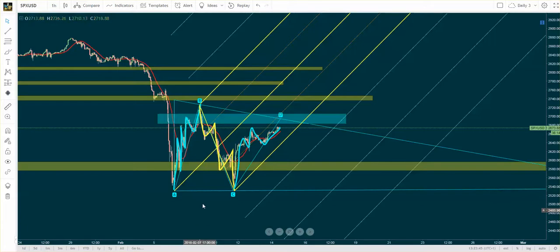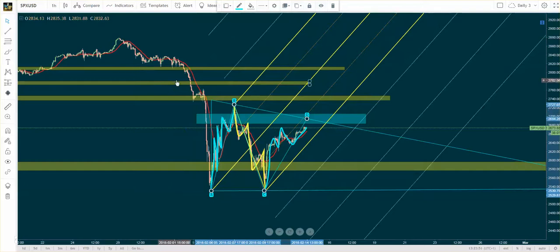The first one is that this is a triangle, so we could see a first wave down, which would be around here, then this flat correction, and 1, 2, 3, 4, 5. So all this move down is a wave 3, and this area here is a wave 4, and this is a wave 4 in a triangle.